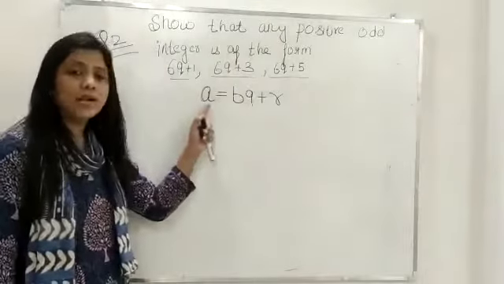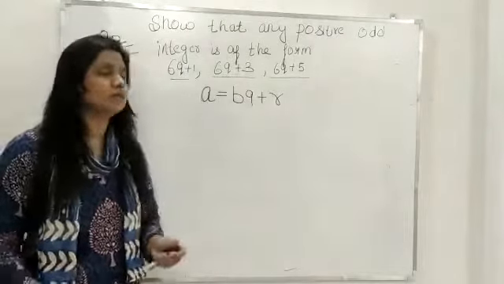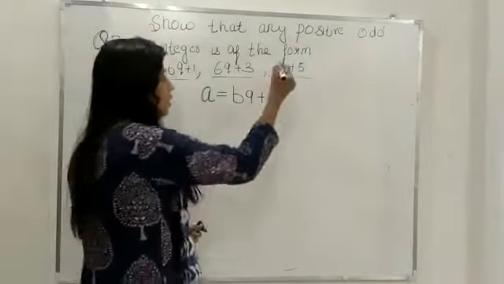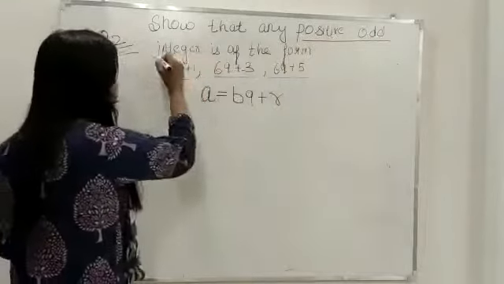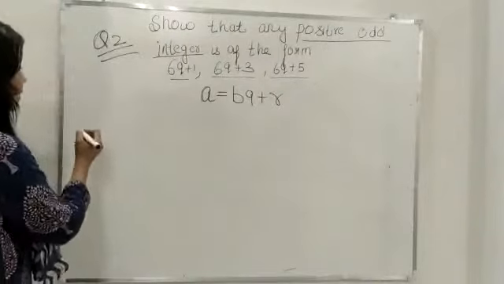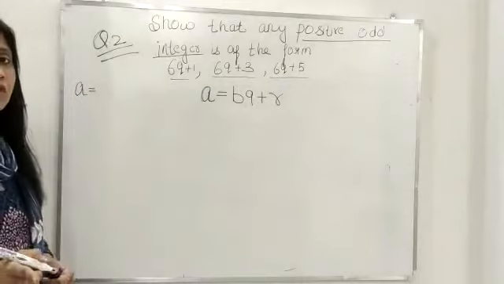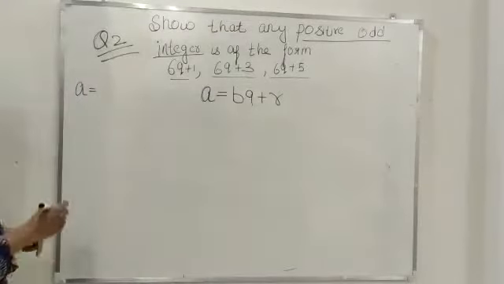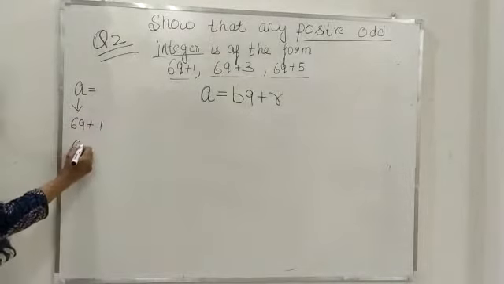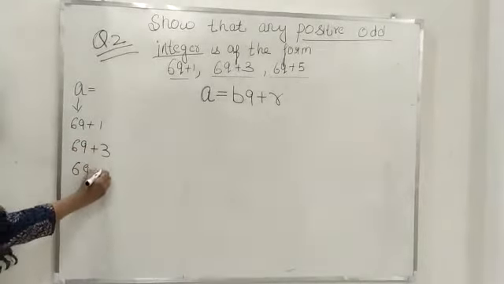So my Euclid's division algorithm is A is equal to BQ plus R. Suppose I say that any positive odd integer is A. So what I have to prove? I have to prove that A can be either 6q plus 1, or 6q plus 3, or 6q plus 5.